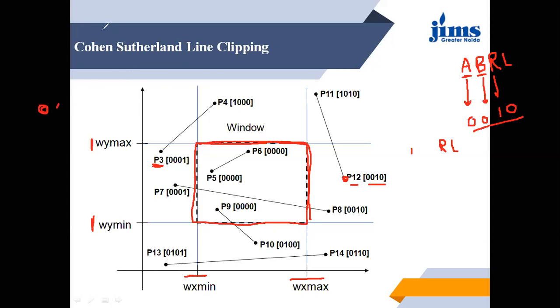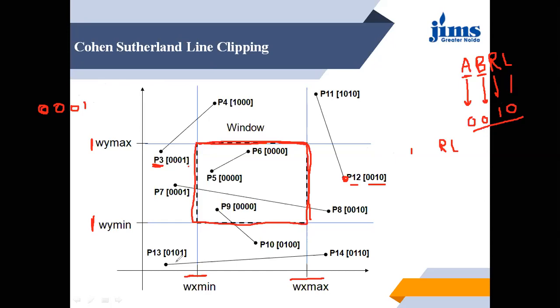When we compare this for the left and the right, after comparing, we can see that the position of this point is in the left from the window. So the left bit will be equal to 1 only and right bit will be 0. So in this case, the region value of point P3 is 0001. From here we saw how we can find out the region values of different endpoints.